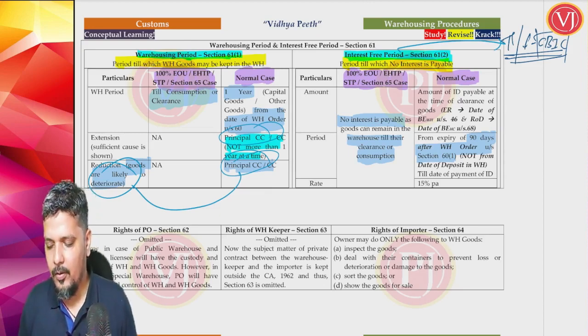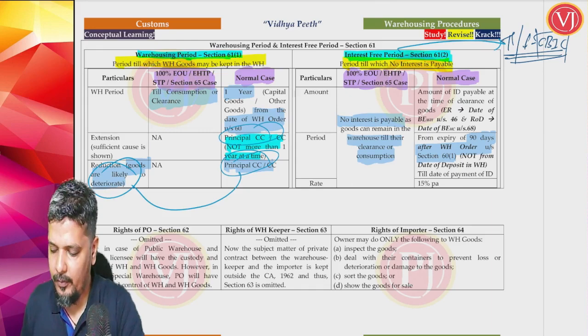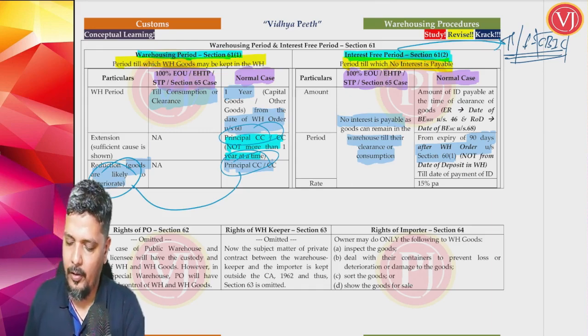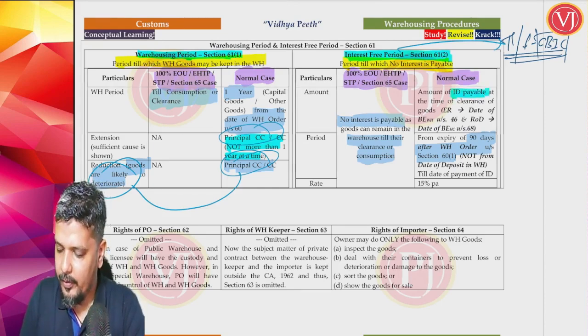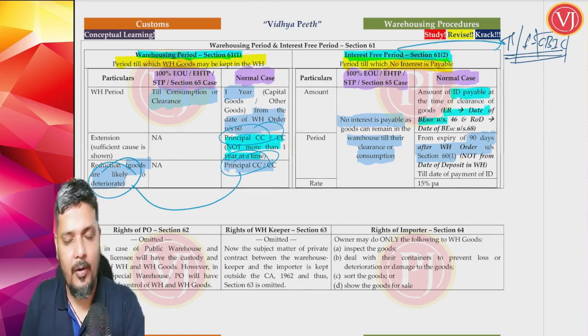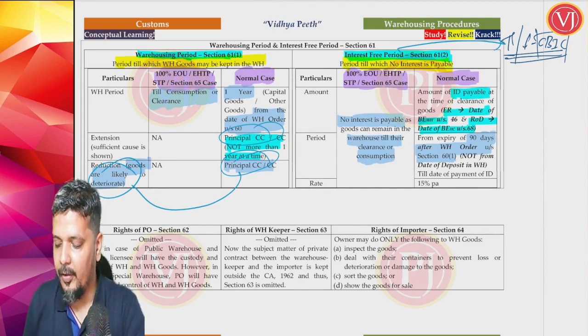Now, what will be the import duty which is payable? Your import duty which will be payable is based on exchange rate of the first bill of entry, and rate of duty of the second bill of entry. Rate of duty, second bill of entry.